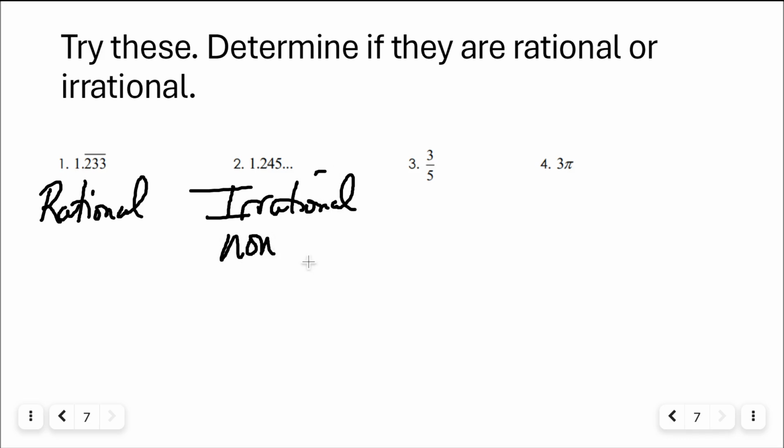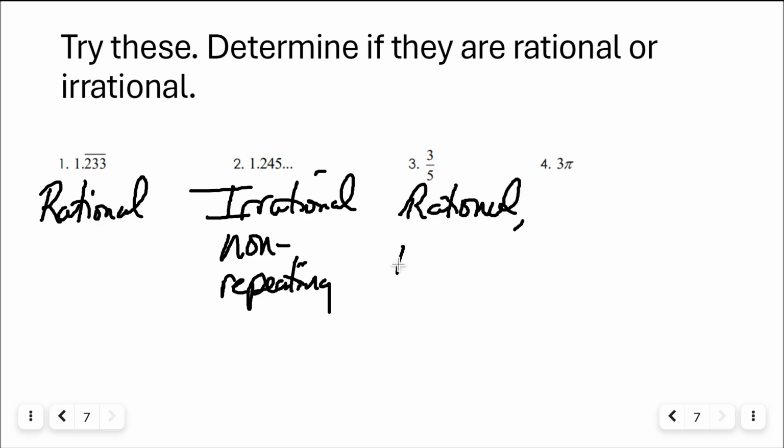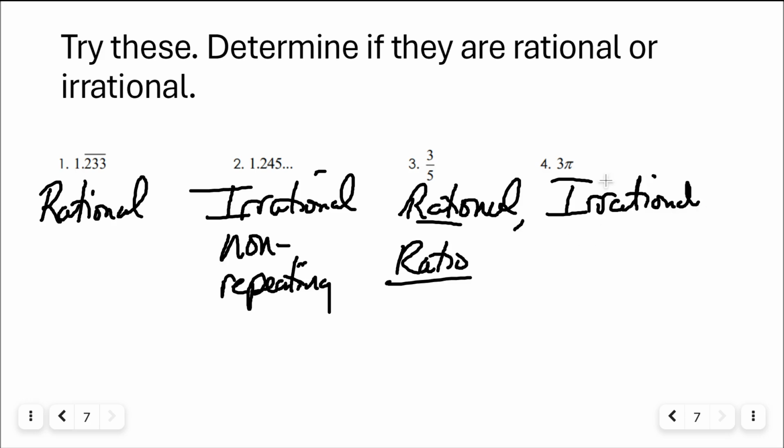It's non-repeating. 3/5 is rational. It's a ratio. And 3 pi is irrational because it has pi in it. Okay, and pi is the most famous irrational number that we have.